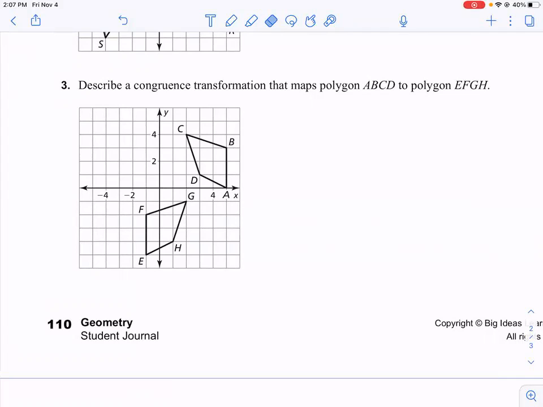You can work with your elbow partner, that is totally fine. I should reflect across y plus this, and then y minus 5.